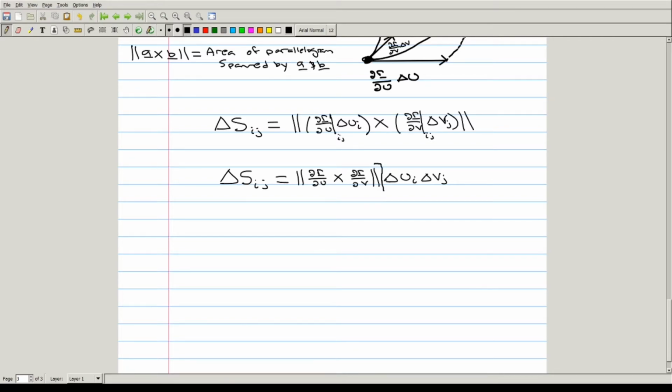I guess I can put one big, and this is being evaluated at the partition piece ij. And the total expression for the total surface area of our surface S is approximated by the double summation i from 1 to m, j from 1 to n of each one of these delta Sij's.